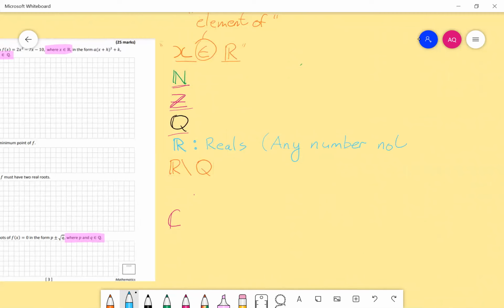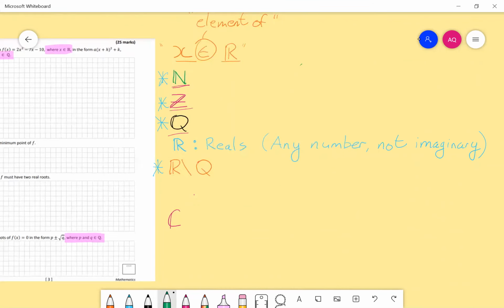That's not a strict definition, but it's good enough to explain what they are. So every other number set, bar the C down the bottom, is part of the real numbers. N, Z, Q, and then the one at the bottom, they are all part of the reals.